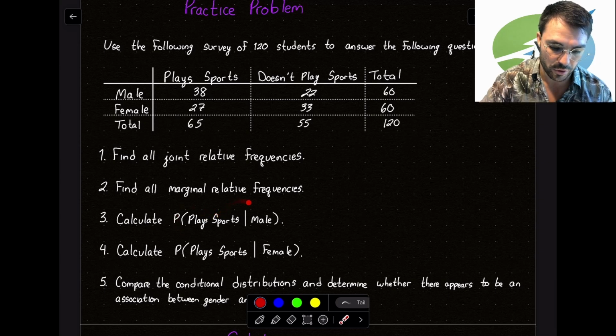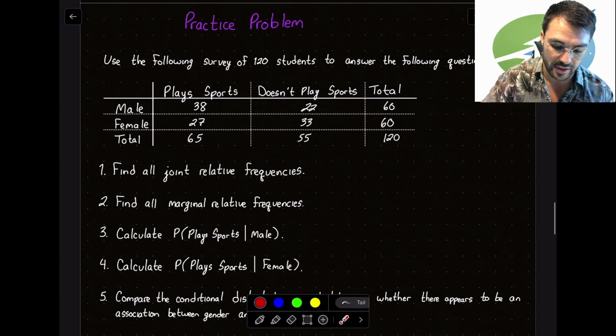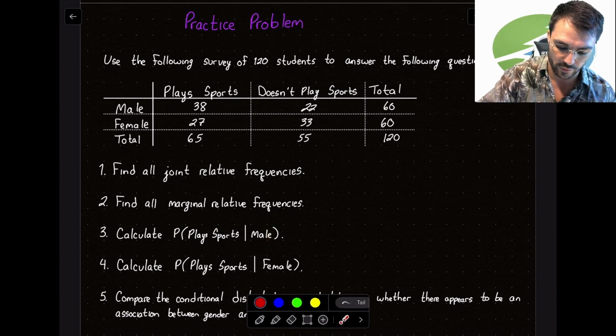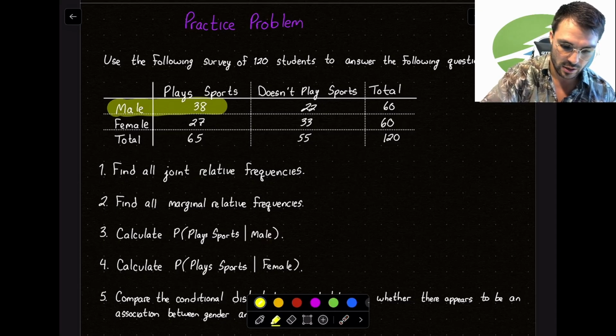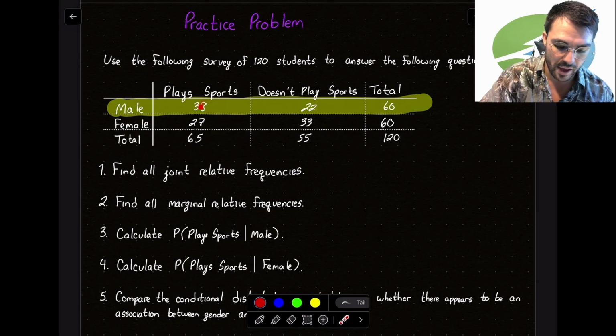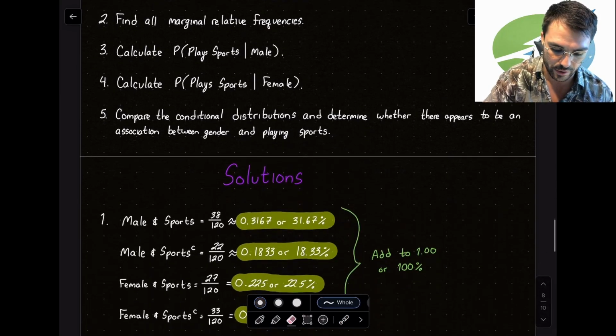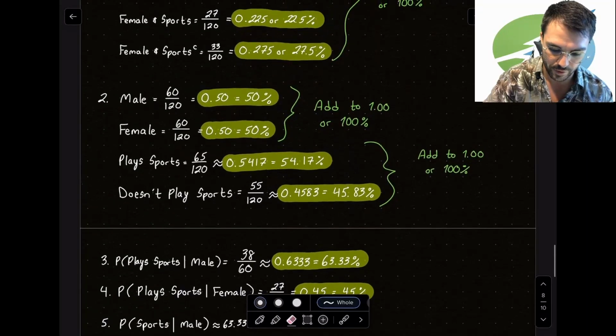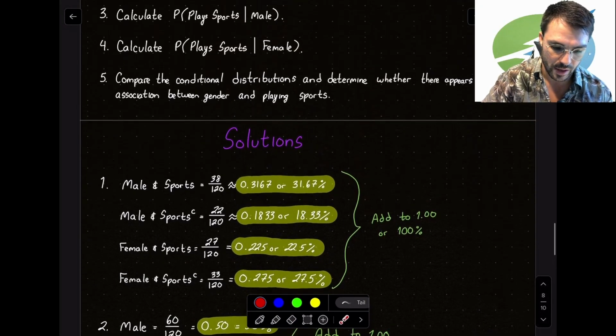Probability a student plays sports given they are male. Okay, so the given is male. So we're focusing now right in here. 38 males play sports out of 60 males in total. So we should have 38 over 60. Yep, right there. 38 over 60, roughly 63%.